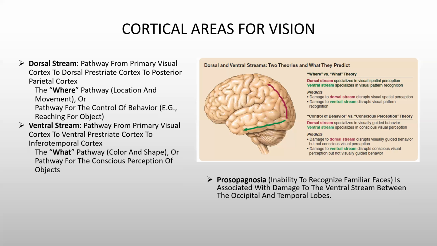This is prosopagnosia. This is the inability to recognize familiar faces. It's a pretty fascinating phenomenon here. These people don't have issues with their vision. They can see, but they don't recognize faces. It's very, very specific. Okay? And we believe it's associated with damage to the ventral stream between the occipital and temporal lobes. So that gives more basis to that ventral stream and the what pathway.